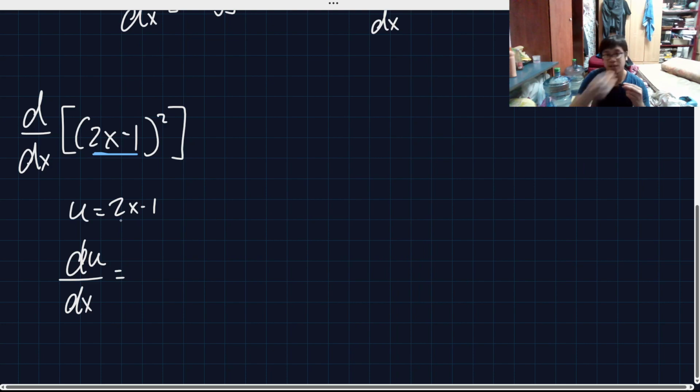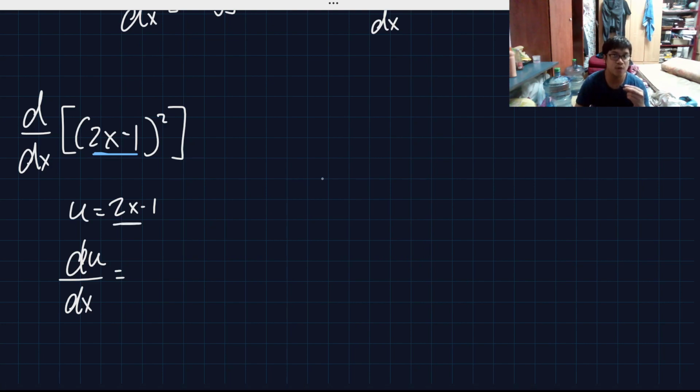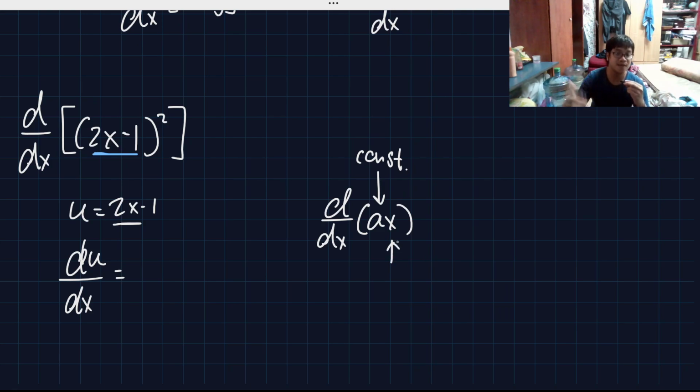So now let's get the derivative of your u. First, let's get the derivative of 2x. How would you get the derivative of 2x? Remember, last time we discussed that if you're going to get the derivative of a term that has a constant, let a be the constant, and a variable without a visible exponent, basically it acts as a letter, not x squared or x raised to negative 1 or a square root.